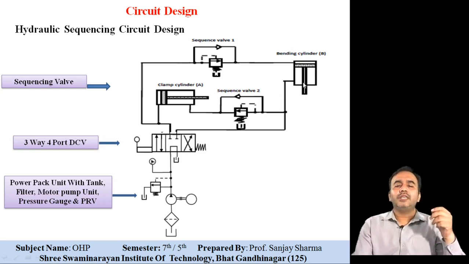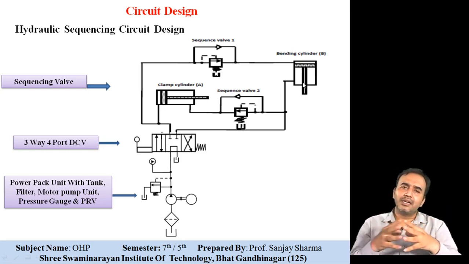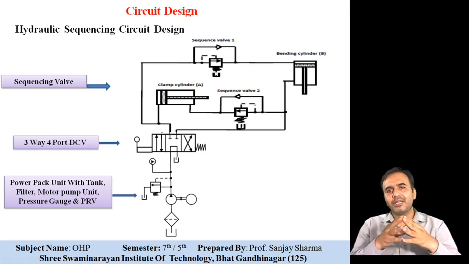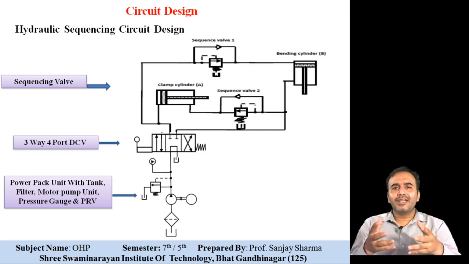Here the bending cylinder is shown, but I am calling it the drilling cylinder. It means the operation is done by this actuator. We can connect any operation that we want, either drilling or bending or anything else, lifting or something like that.